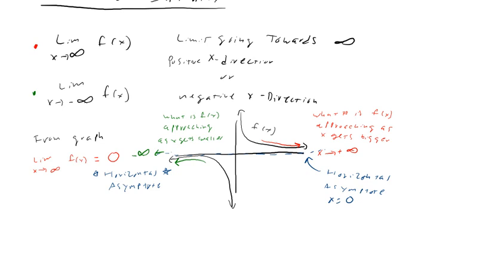So positive infinity, negative infinity, right? And again from the graph, the limit as x approaches negative infinity of f of x equals 0 in this direction. So this is your horizontal asymptote. This defines where the horizontal asymptote is of a function.